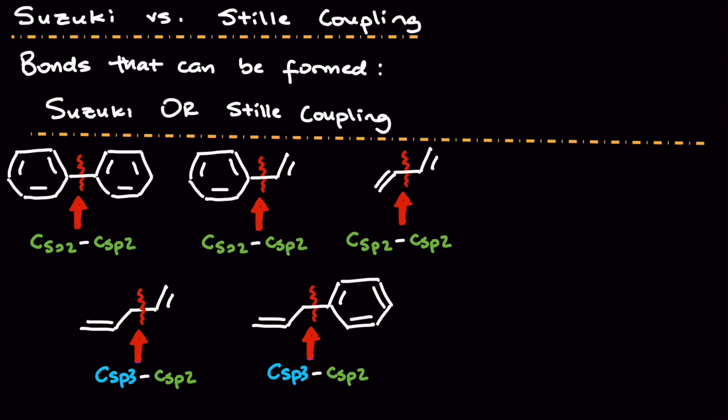So that sp3 carbon needs to be next to an sp2 carbon of some sort. In these two cases, Suzuki or Stille are fine. You can form both of these molecules using any of these reagents.